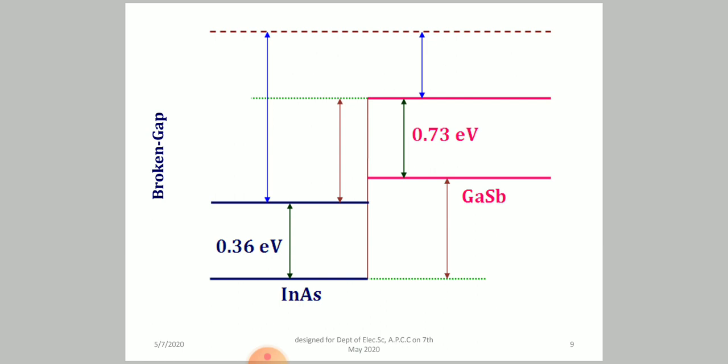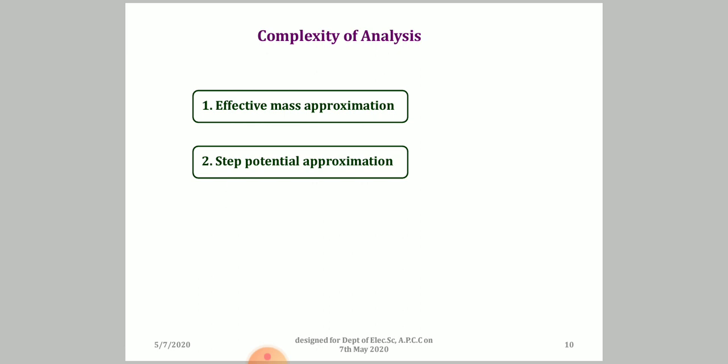So I have three parameters I have saved for going to applications: physics of semiconductor devices, mathematics and material science. Already I have coupled two things. If you want to proceed further, you have to look at the mathematics. Now, why will I come to the mathematics? Because of the complexity of the analysis.